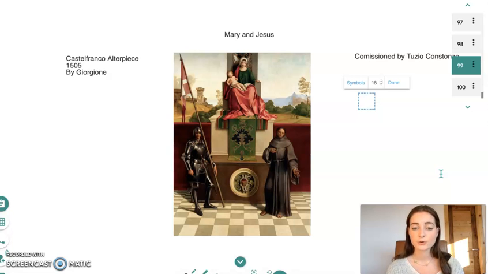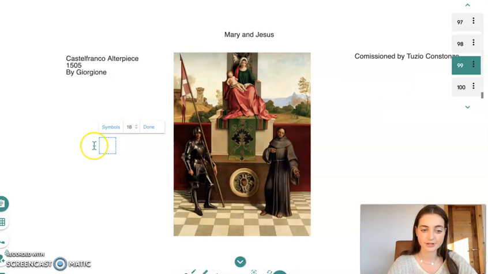So Giorgione's clearly employed those ideas, potentially to echo Matteo Costanzo's sacrifice for his country, to echo that of Christ's. And then what else? So let's have a look.